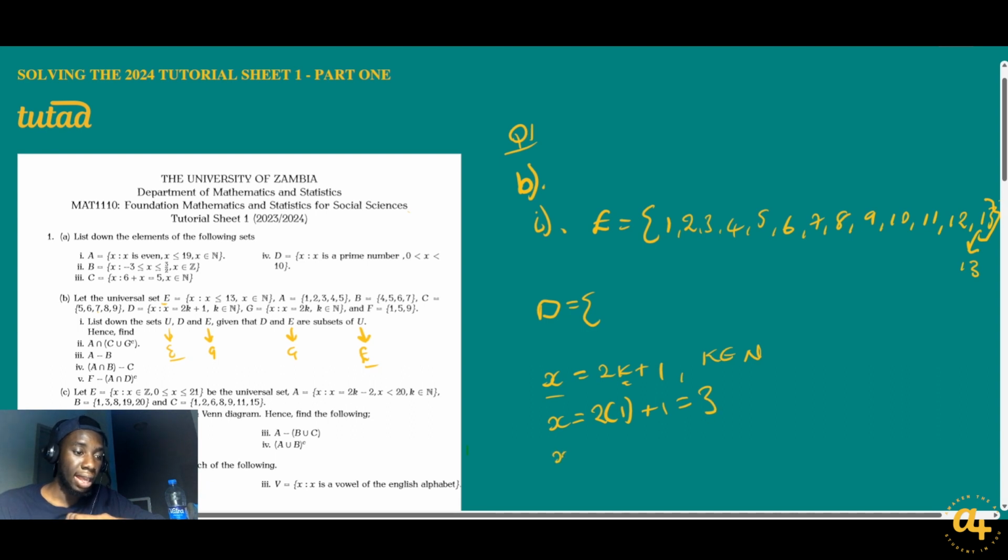Okay, and x here is now going to be equal to 2 times 2, which is the second natural number, plus 1. And what we're going to have here when we multiply 2 times 2 plus 1 is we're going to get 5. Okay, so 2 times 2 is 4, plus 1, 5. And then we're going to have x equal to 2 times 3, plus 1, which is going to give us 7.